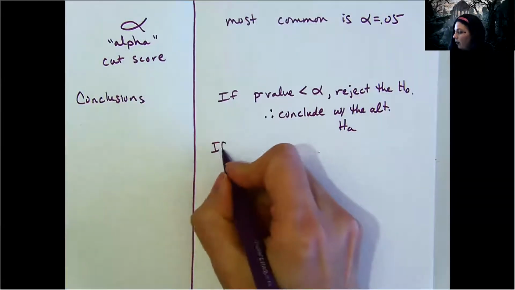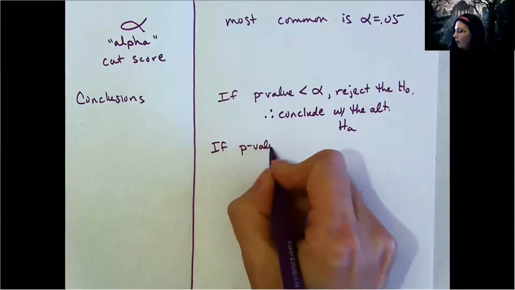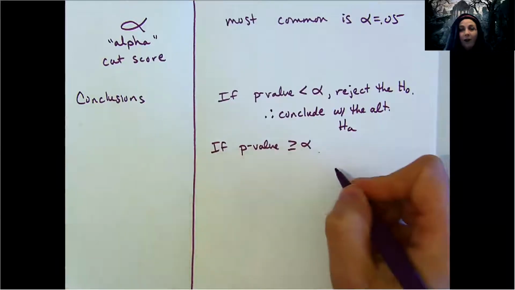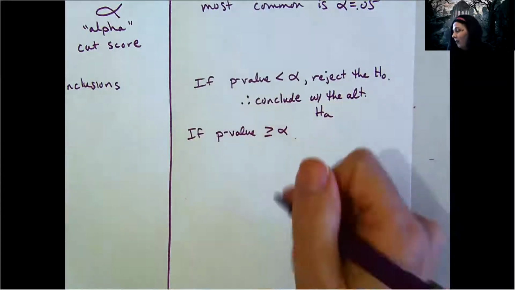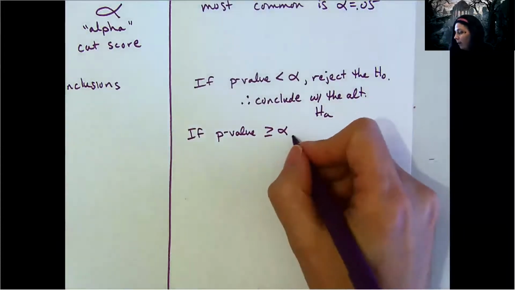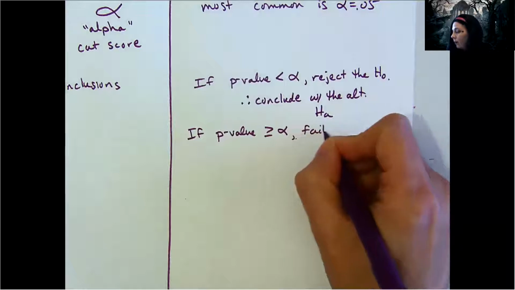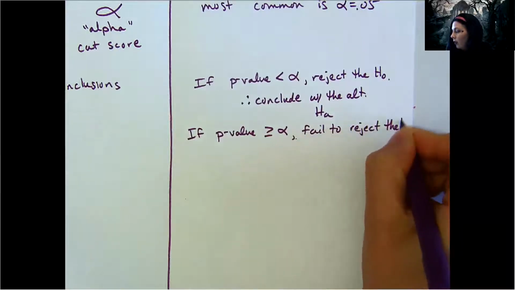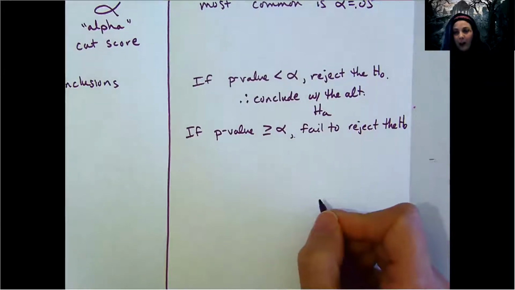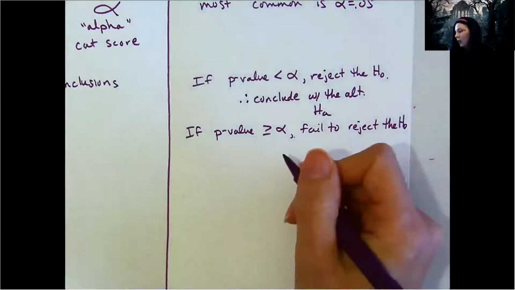If our p-value is greater than or equal to alpha, that means we really don't have evidence. This isn't rare at all. So if the p-value is greater than or equal to alpha, we fail to reject the null hypothesis. What does that mean?